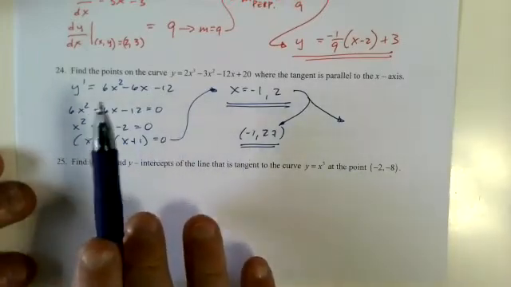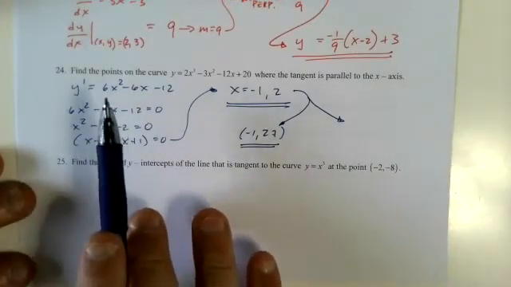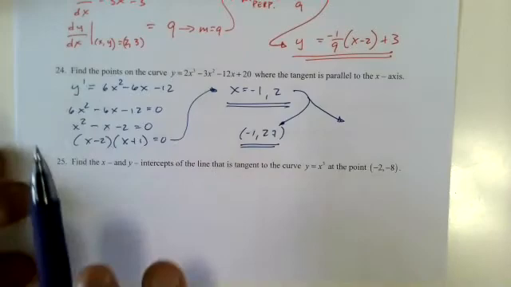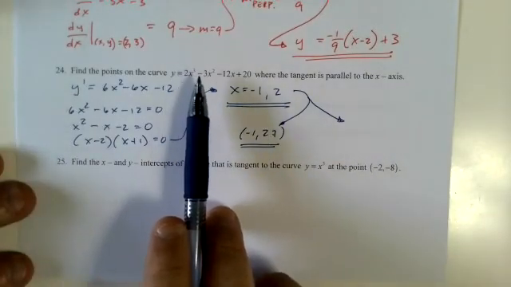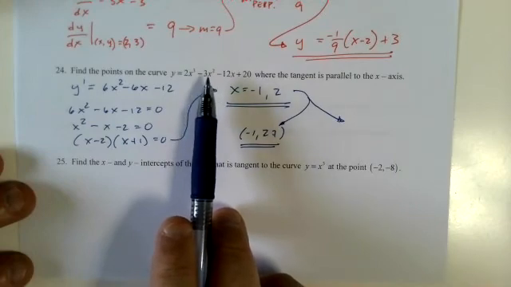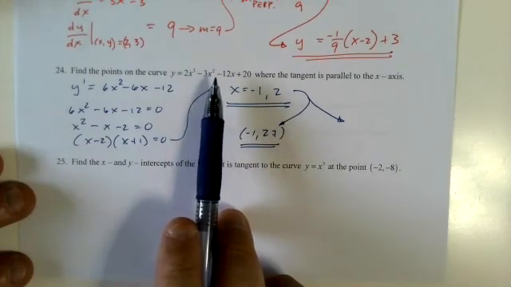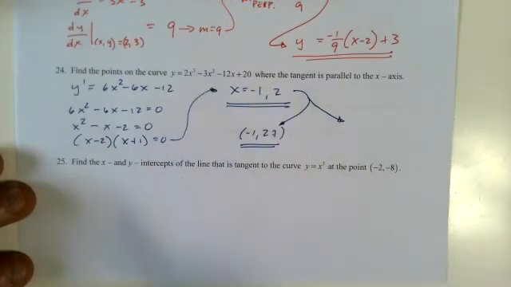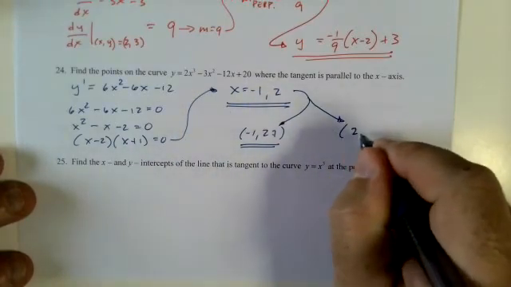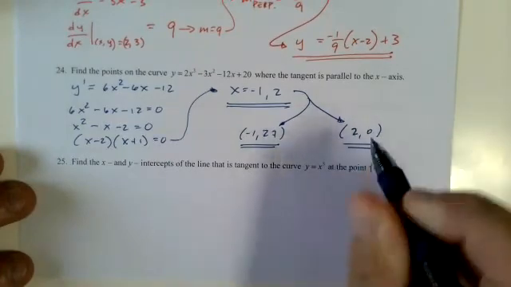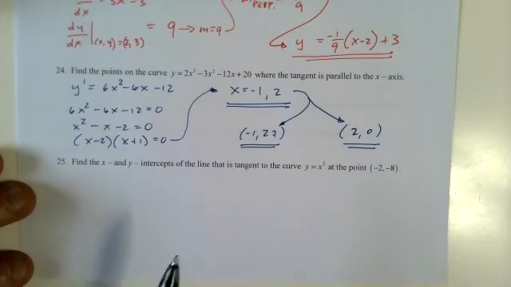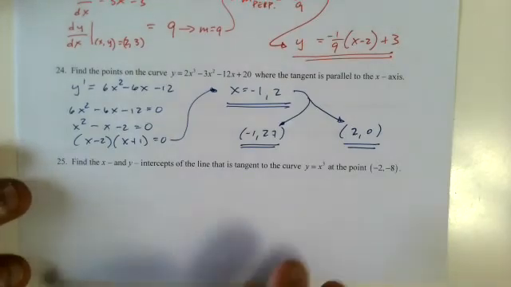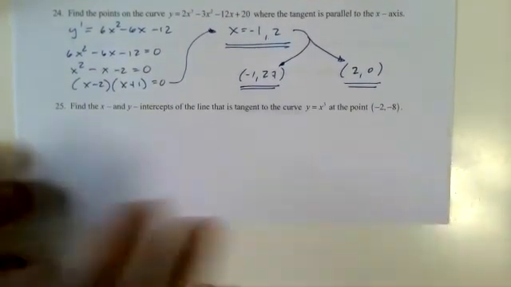It'll say find the x value, find the y value, find the coordinates, which is a lot more clear than saying points. 2, 8 times 2 is 16. Minus 12 is 4. Minus 24 is -20, plus 20 is 0. Feel free to graph this and see if there's a peak or valley here and here. I think you'll find there is, but never a bad idea to graph it and check.